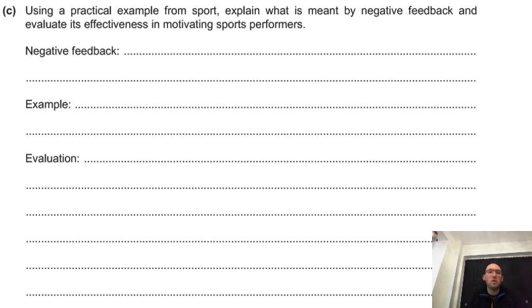So C, using a practical example from sport, explain what is meant by negative feedback and evaluate its effectiveness in motivating sports performers. This was very well answered by many candidates, showing good understanding of negative feedback and its uses.